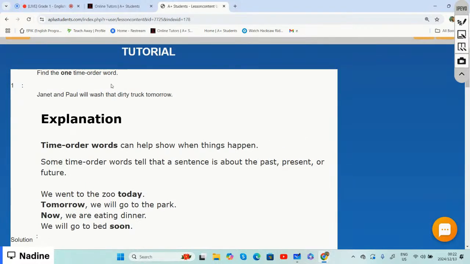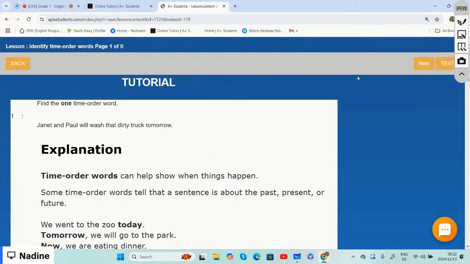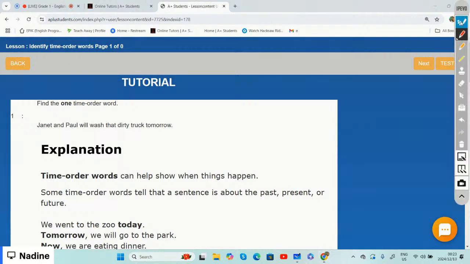All right. So now we're going to find one time order word within the sentence.